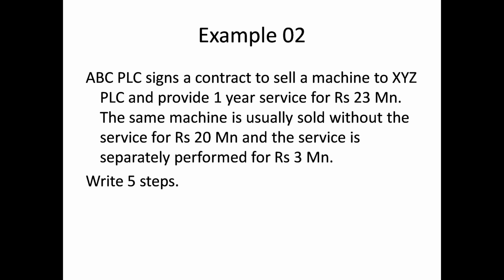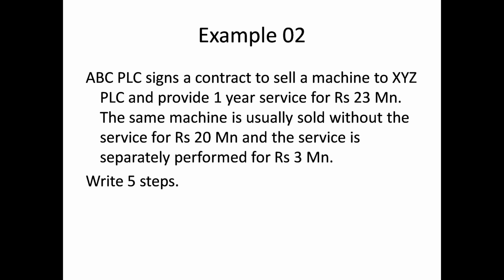That is to supply the machine and provide 1 year service. The same machine is usually sold without the service for rupees 20 million and the service is separately performed for rupees 3 million. Now we are going to write 5 steps.